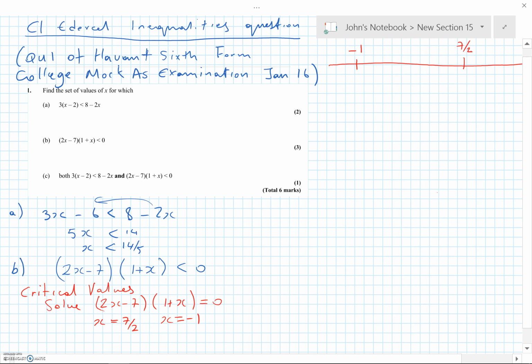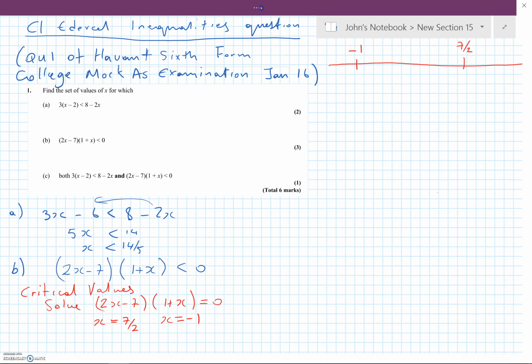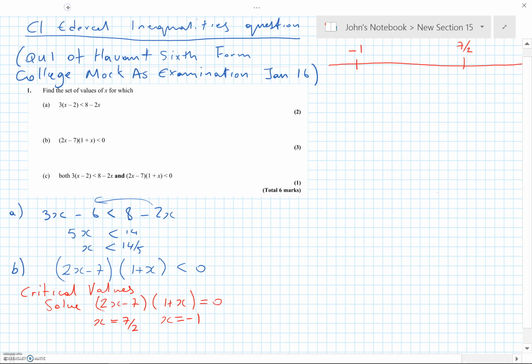Right, so what we can do is say, let's look at the sign of this expression for different values. Now, if x is less than minus 1, this bracket is going to be negative, and so is this. You can think of an example, what about if it were minus 2?